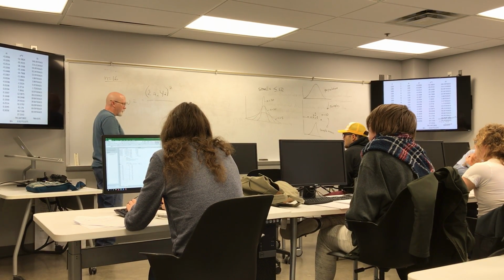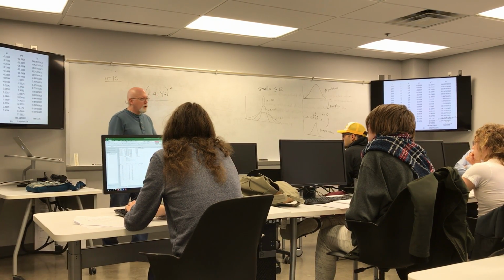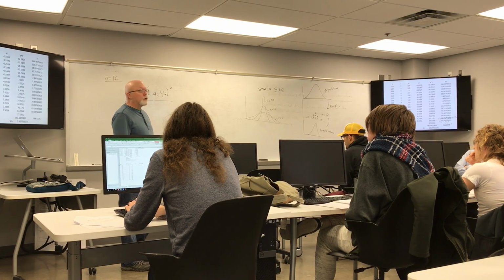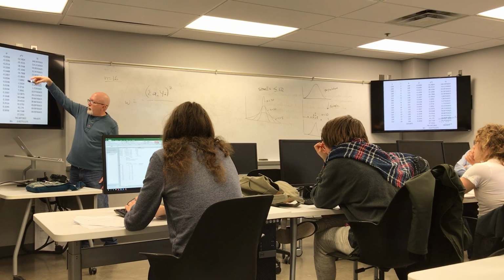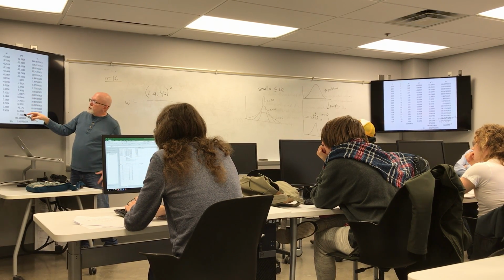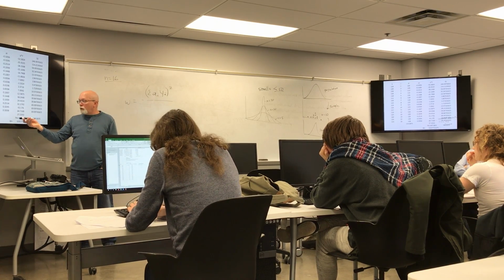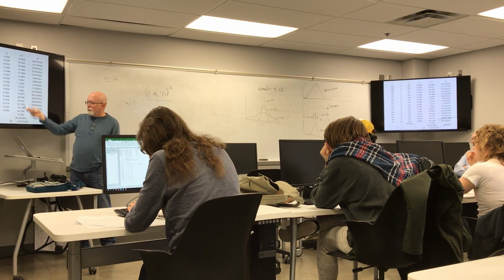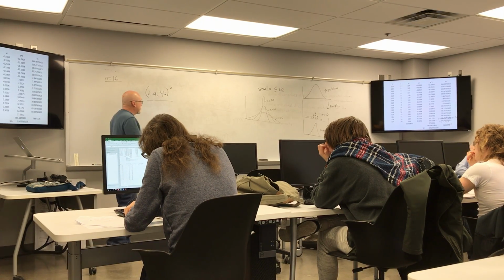If you put the parentheses in the wrong place, you will square each of these things instead. These will all turn positive, and this number will be really huge, but it won't be nearly as huge as this number, because ultimately this number is the sum of all of this squared. So where the parentheses are matters.